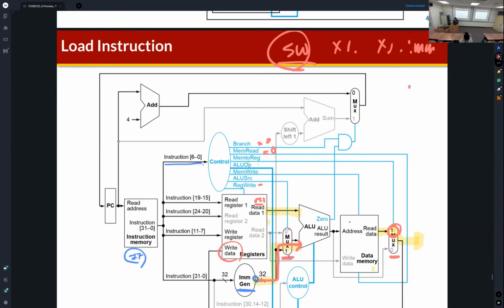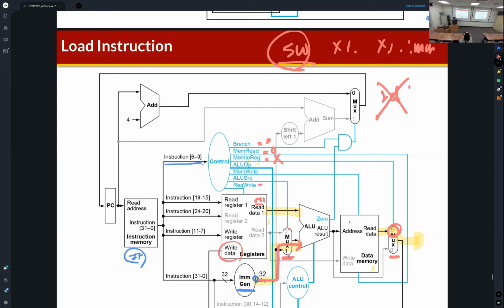And how about mem to reg? The store instruction does not have rd, right? Because the destination of the store instruction is the data memory, not the register file. So it's don't care. It can be 0 or it can be 1, but no problem.